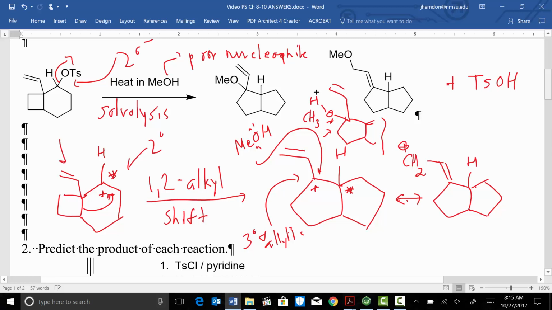All right, so that gives us this, and we're going to lose the extra H plus to generate the final product. Here, the same thing is going to happen. Methanol is going to come in. Again, I'm just going to give an abbreviated structure right here.